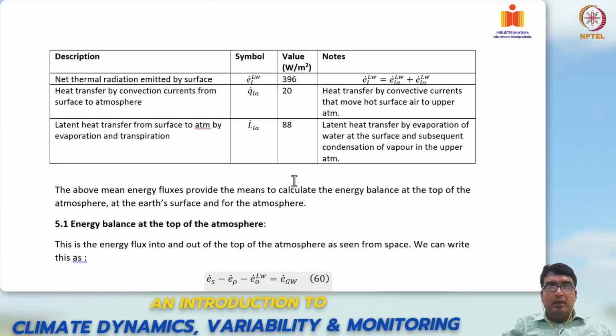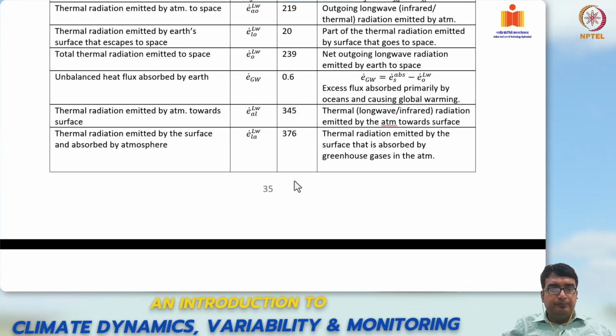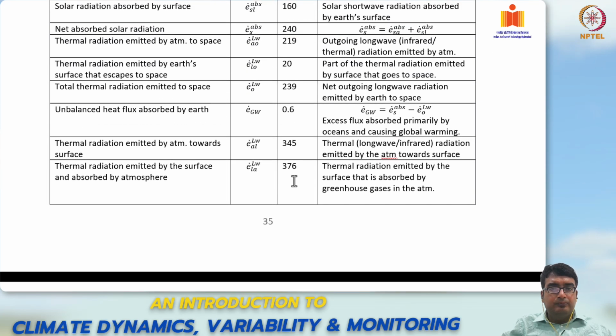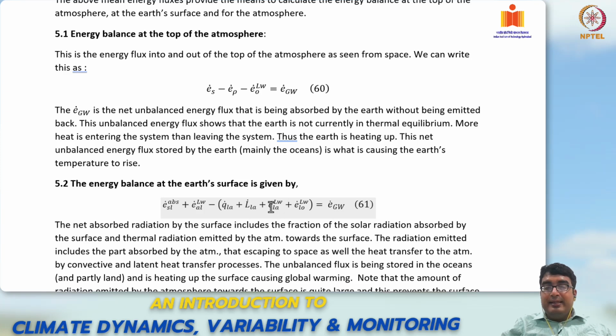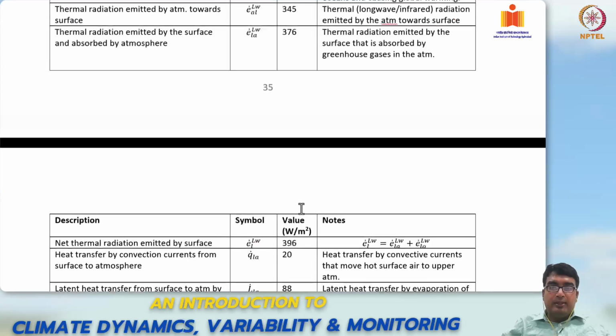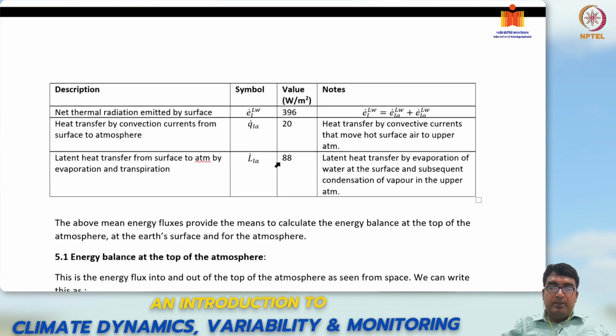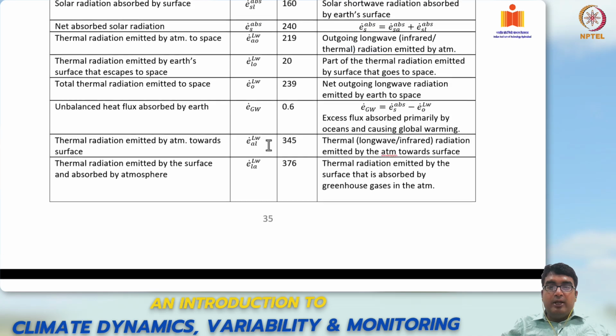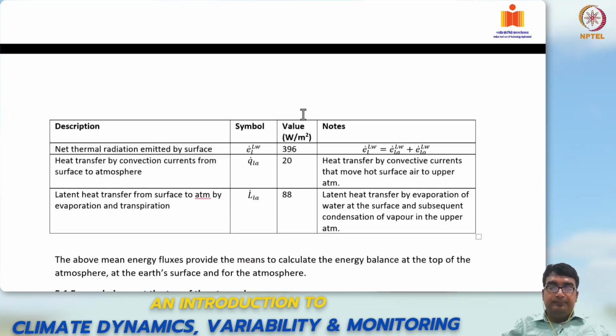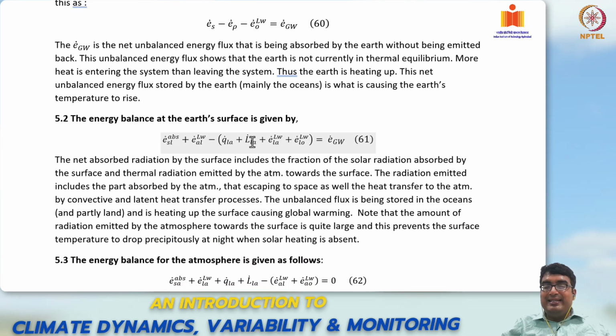This is the land to air long wave radiation, and land to the outer space going out long wave radiation. So this is 20 watt per meter square, I think. This is the much bigger term, around 239 watt per meter square. This is 88 watt per meter square.